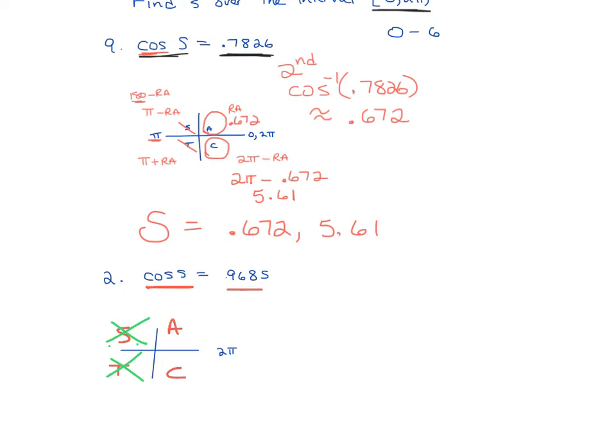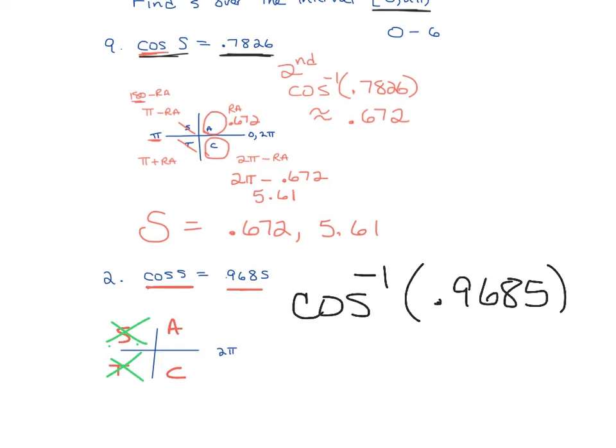And to get the reference angle, again, you're going to hit the second key. So cosine -1 opens up. We're using inverse functions. And in the parenthesis, you will put the value. Hit enter. And you should get 0.252. Again, this is your reference angle for quadrant 1. And again, we want quadrant 4.